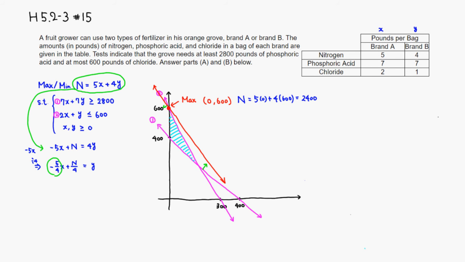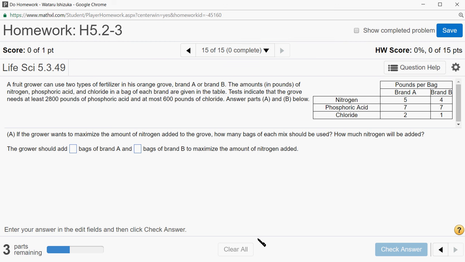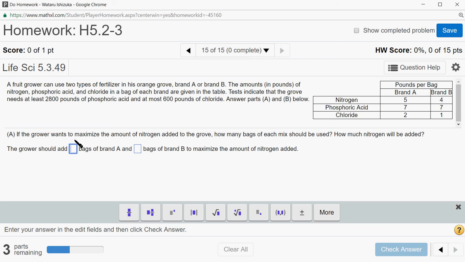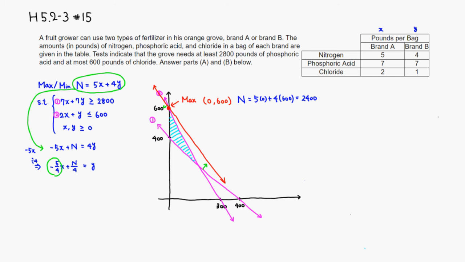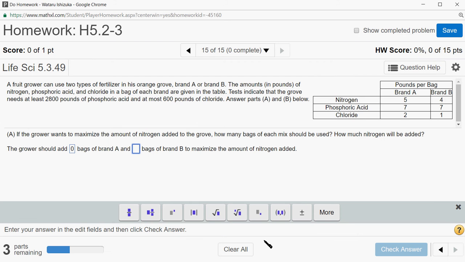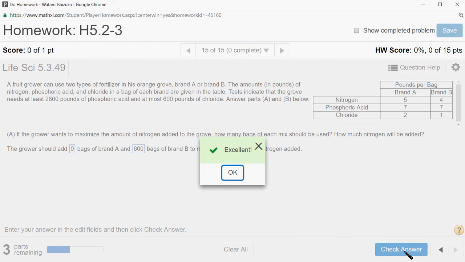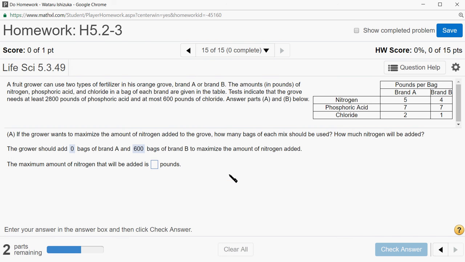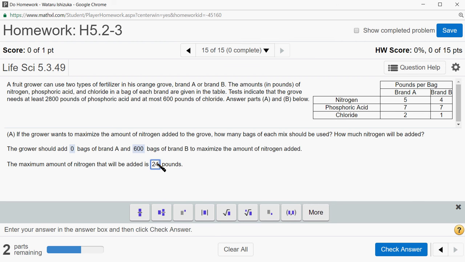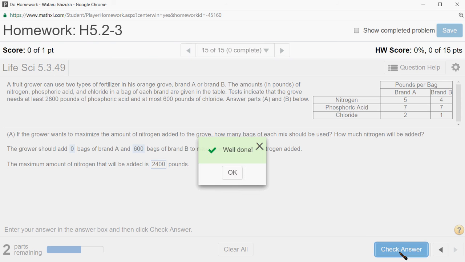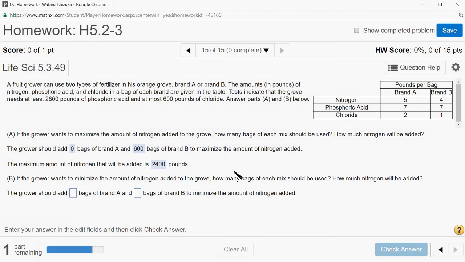So let's type it in: 0 bags of brand A and 600 bags of brand B, and the amount is 2,400 pounds. Check that. All right, we got that.